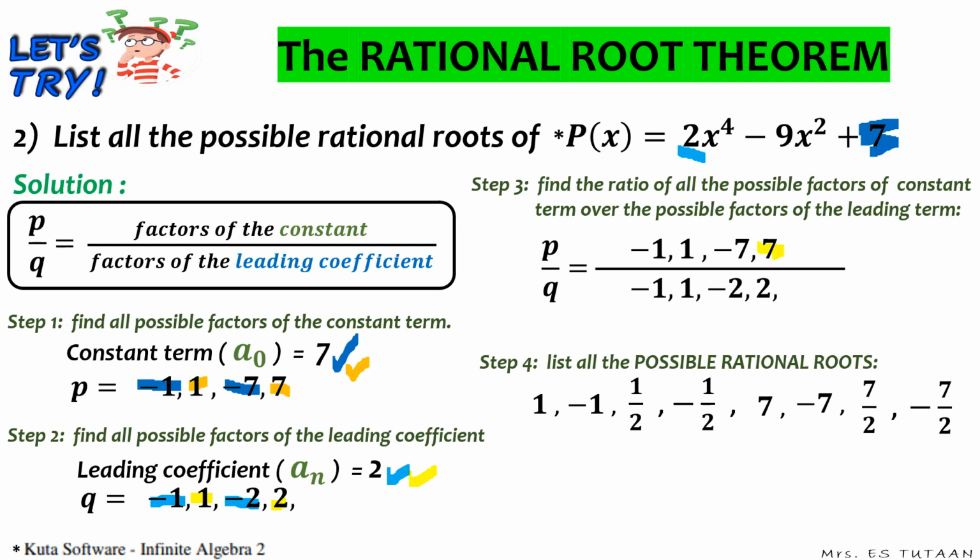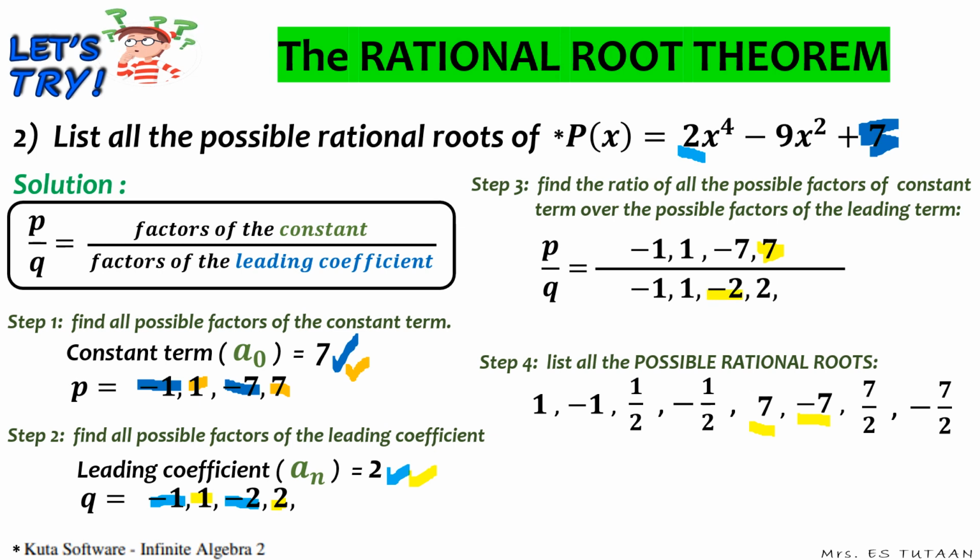And then, now, let's have our last factor of the constant term, which is positive 7. Positive 7 divided by negative 1, that is negative 7. Ito na siya. So, we don't need to duplicate. Next, we have positive 7 divided by positive 1. That is positive 7. Meron na rin. And then, positive 7 divided by negative 2.